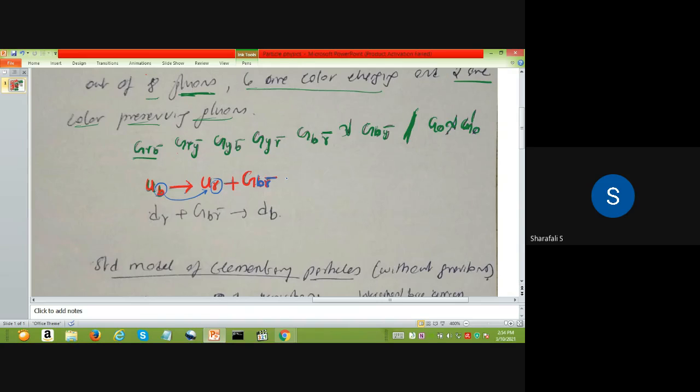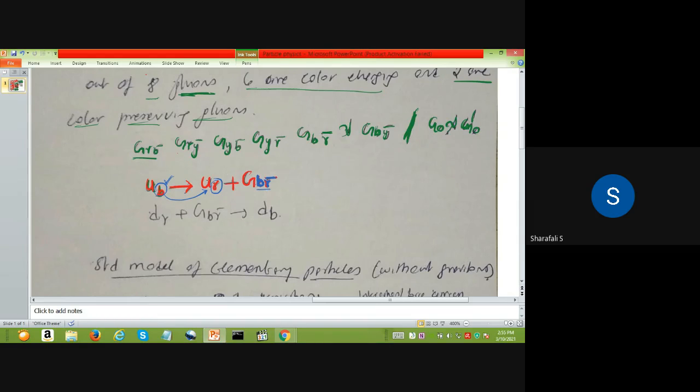So the newly formed quark is having red color, and the anti-color will be associated with the gluon. What is the first color? That is the color which is associated with the quark before decay. That will be the first color associated with the gluon. So the gluon will be having this pair.